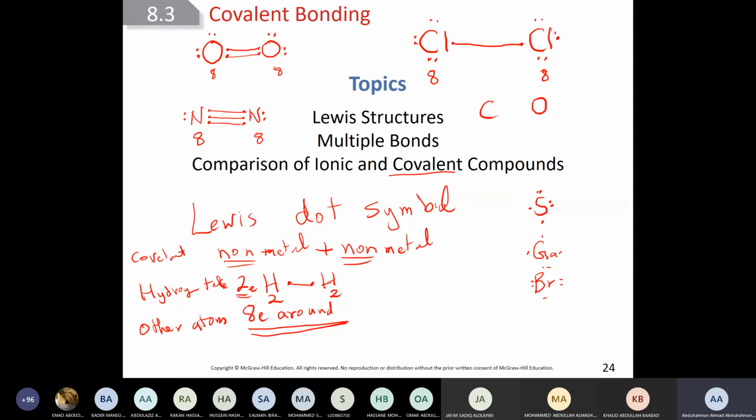Now, let's do it for C and O. Put the Lewis dot symbol, get a paper and write what's the dot symbol for carbon. 4. And for oxygen? 6. How can you make them 8 around each one?